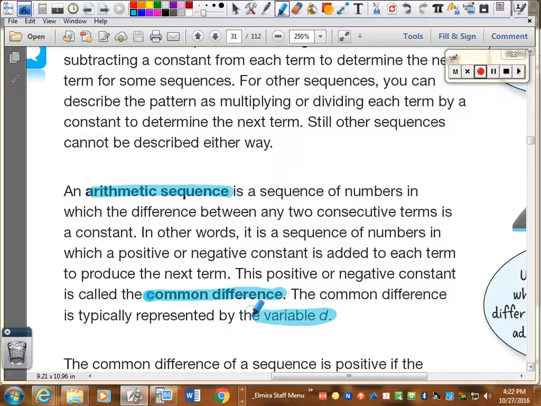So an example of an arithmetic sequence would be if I started with 5 and added 3 every time. That would be an arithmetic sequence. I'm adding 3 every time, so we would say that the common difference, or d, is equal to 3.